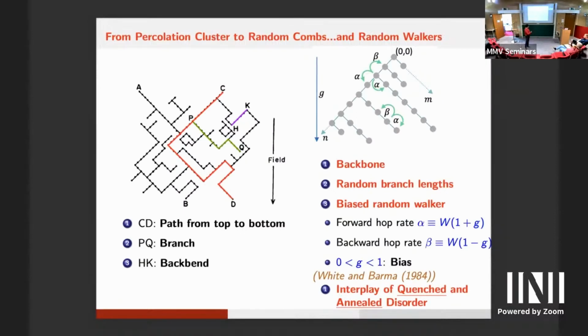Now, before I come to the details of this model, if you allow me to think aloud, maybe you can think of it this way, in the context of animal foraging. Let's say there is a source of water or food that the animals know to be existing in the southern direction, north, south, east, west.